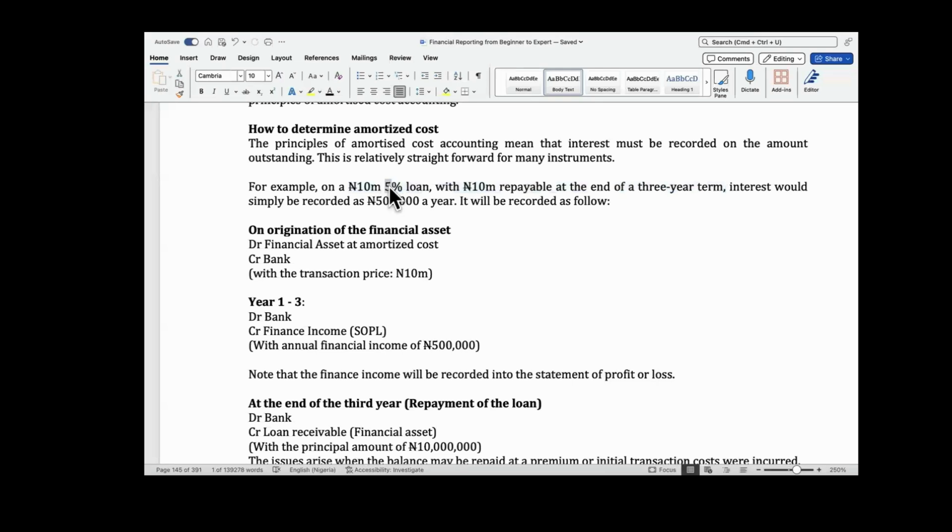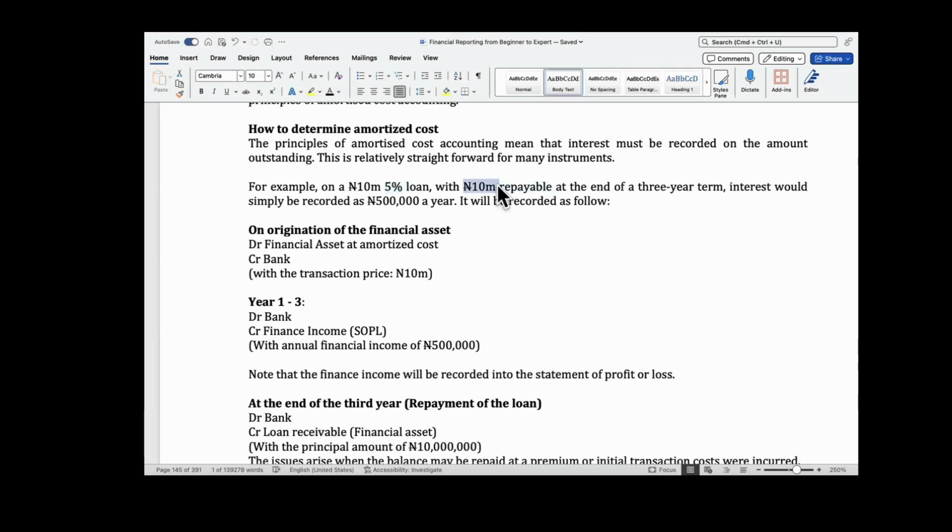You invested 10 million in a loan note, meaning you are the one that lent somebody money, and they're saying they will give you 5%. This 5% means they will give you 5% every year. And it is a 3-year loan. So every year you are going to be getting 500,000, 5% of 10 million. This is a fixed interest. And at maturity, they will give you back your 10 million.